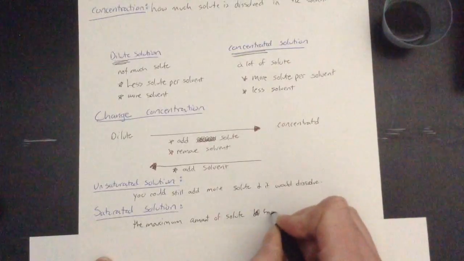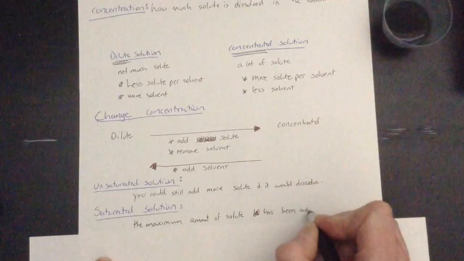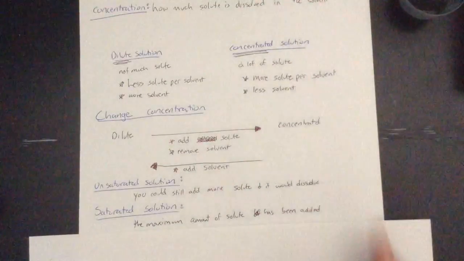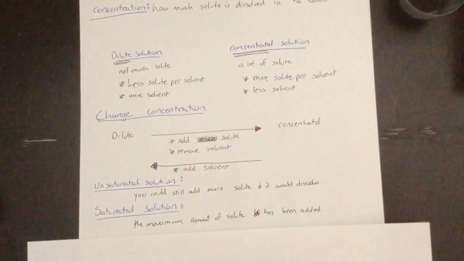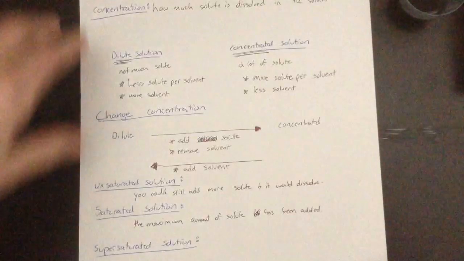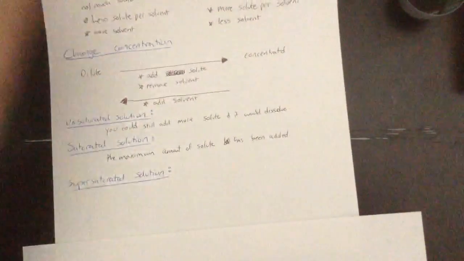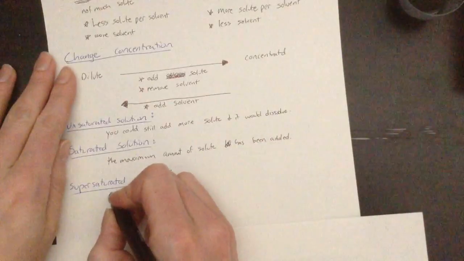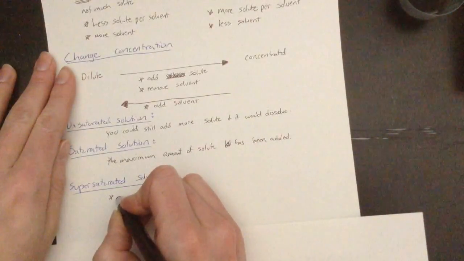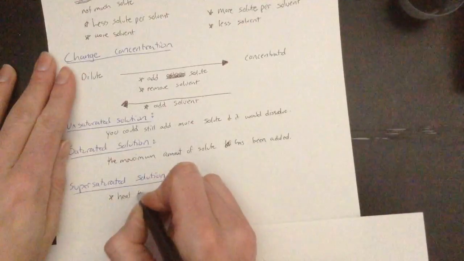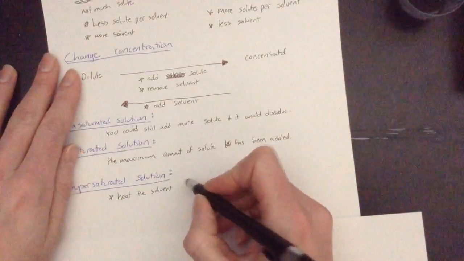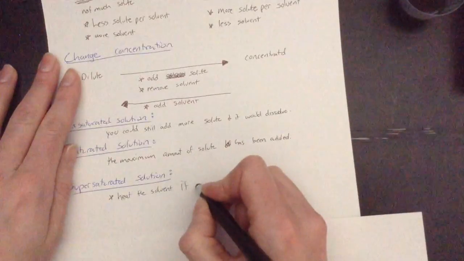This is more noticeable when you're dissolving solids, like there's only so much salt you can dissolve in water, and there's only so much sugar you can dissolve in water. If you want to dissolve more of it in the water and make a super saturated solution, what you have to do is change the water, generally by heating it up. If you heat the solvent, often it can hold more. Sometimes it's cooling the solvent, but if you heat the solvent, it can hold more solute.